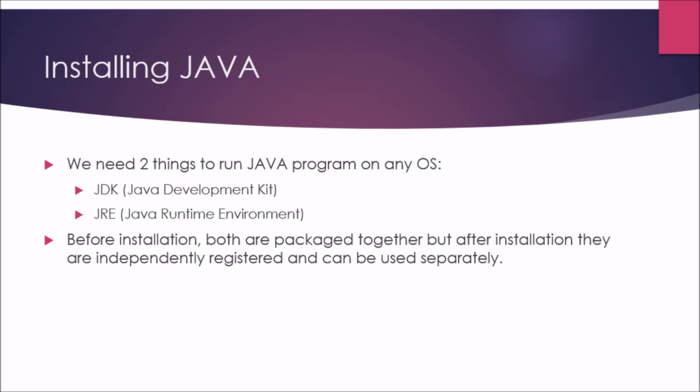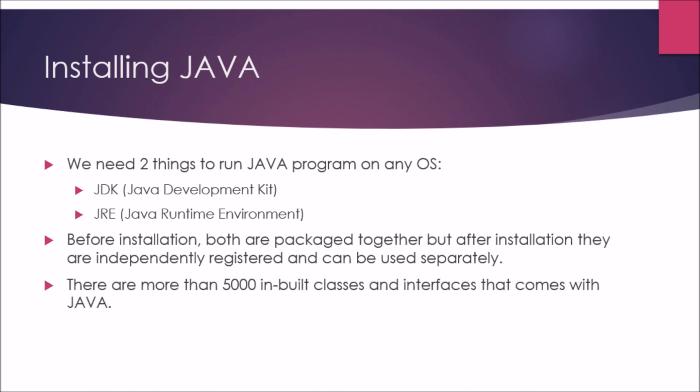Before installation, both of these are packaged together in one package. But after installation, they are independent and can be used separately also. In the Java package, we get more than 5,000 inbuilt classes and interfaces that come with it.